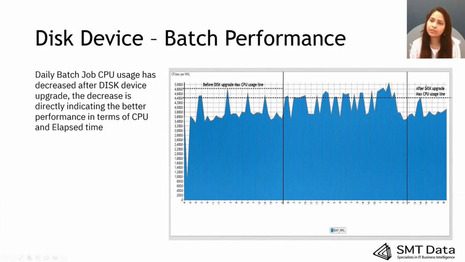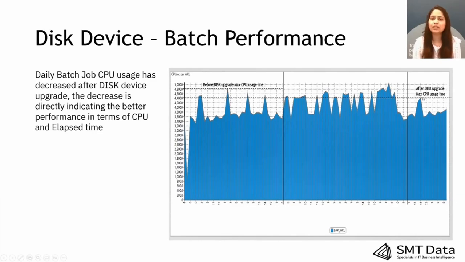What happened after the disk upgrade? It consumed approximately 4,400 CPU seconds. Here I'm showing only one batch. This customer might have 100 or thousands of batches. We have to find out how much CPU all the batches consume. So you can see after the disk upgrade, the CPU usage is improved.